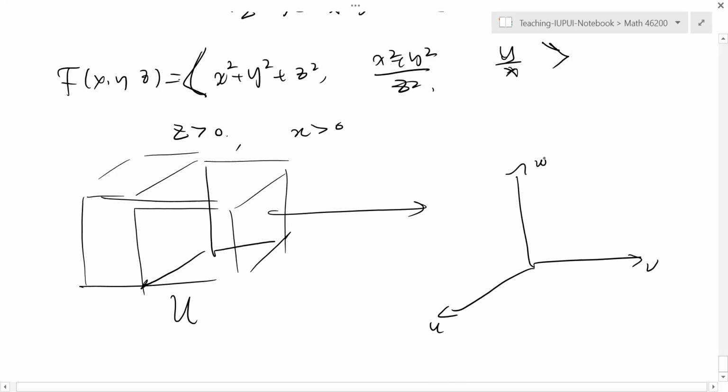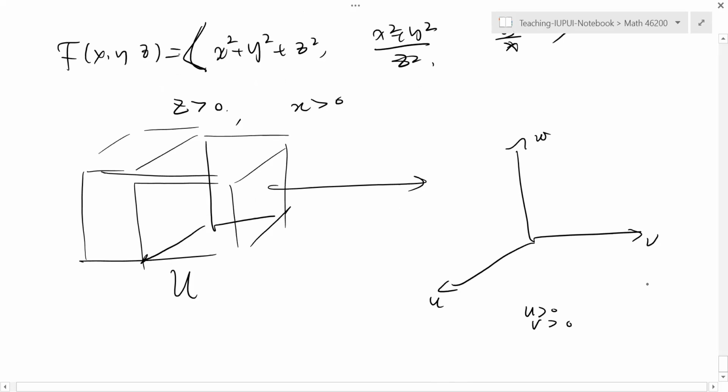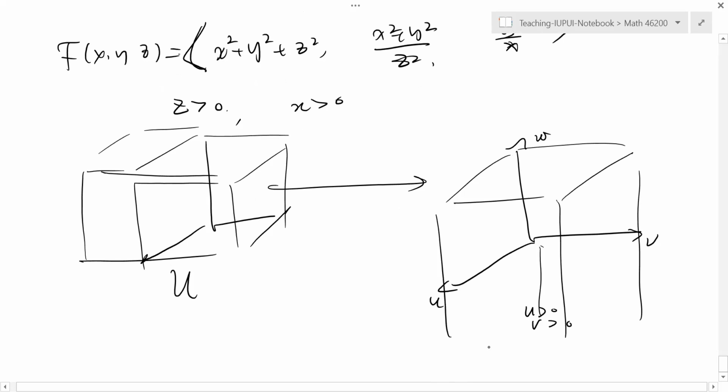V and the W. V is positive, right? W can be any number. So probably this is the region we're talking about. Yeah, V is positive. W can be negative, can be positive.